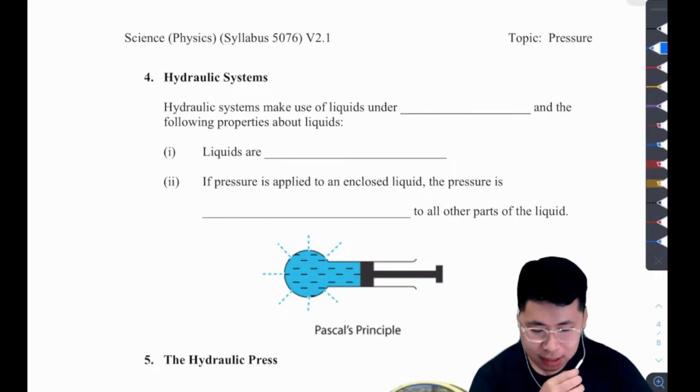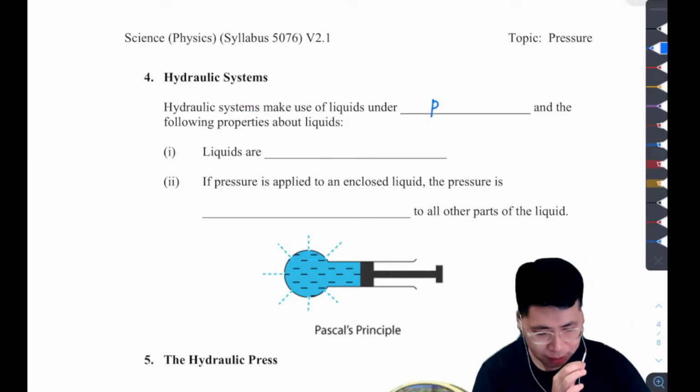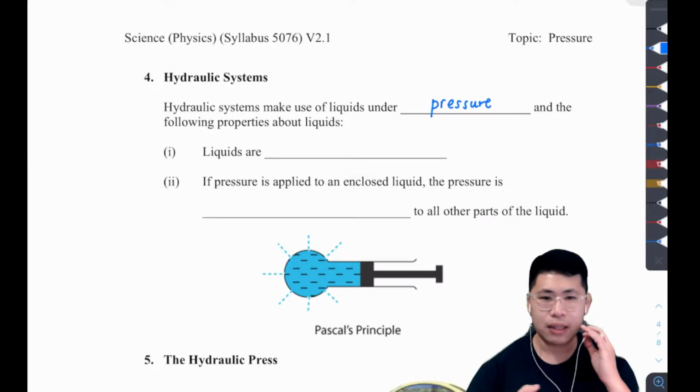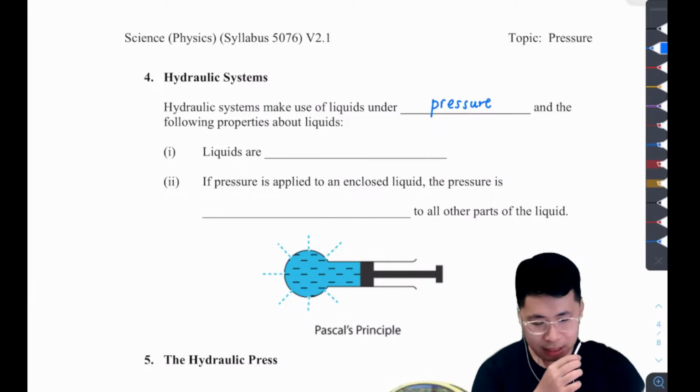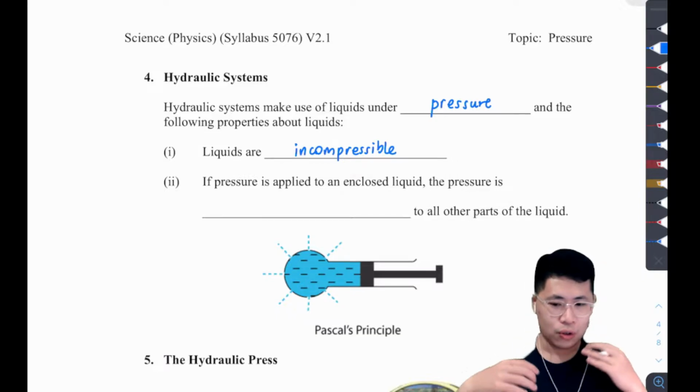So for a hydraulic system, we make use of liquids under pressure, right? And liquids have a certain property that makes them suitable for hydraulic systems. So first, liquids are incompressible, right? They cannot be compressed. So why?